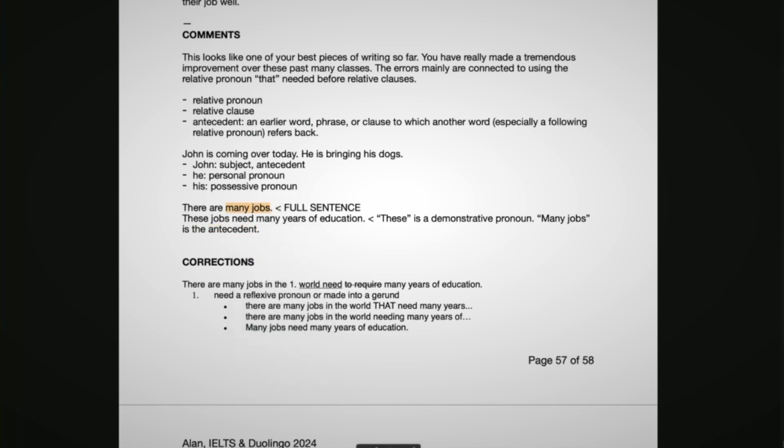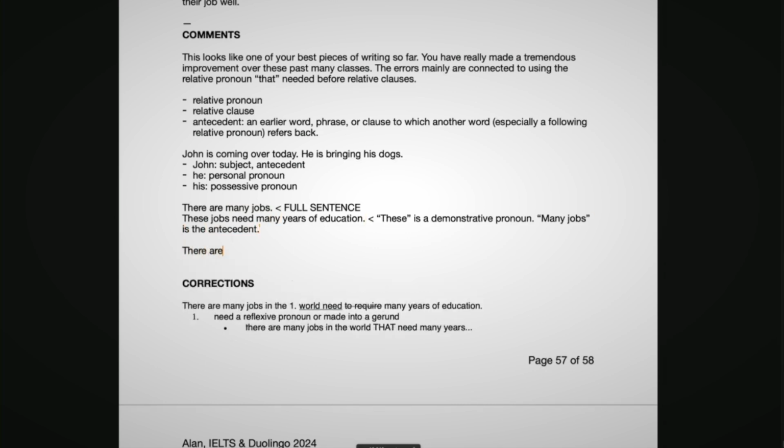There are many jobs. These jobs need many years of education. So we have two complete independent clauses.